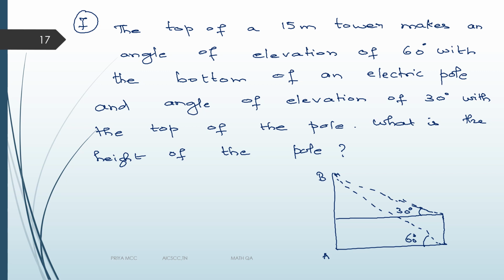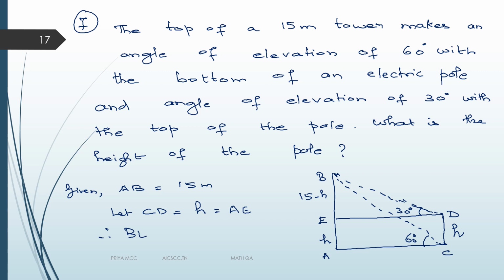Let me call this C, D, E. Let this be some H. So this will also be H. AE will also be H. Then this will be 15 minus H. Given AB is equal to 15 meters. Let CD equal H. That's equal to AE. Therefore, BE is equal to 15 minus H.